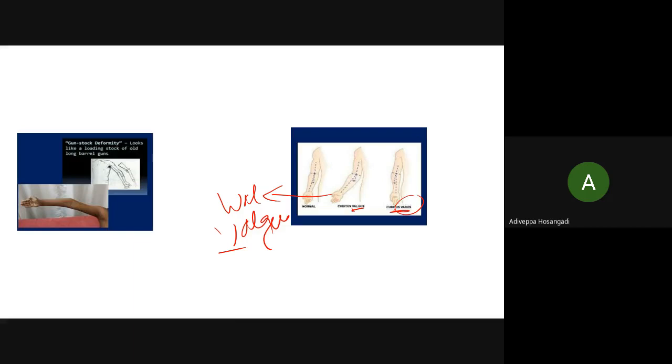Very easy. Of course, carrying angle is more in women to accommodate the wider pelvis. That is a way of evolution of gender morphology. So increased carrying angle is valgus, decreased carrying angle is varus.